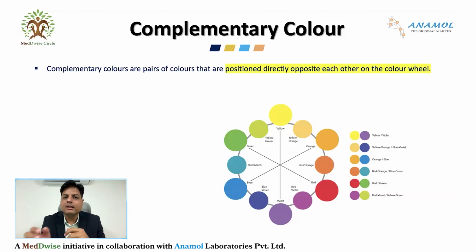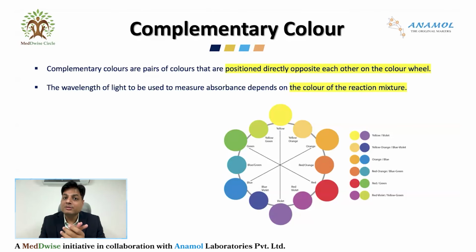So here you can see that it depends on the reaction mixture what color of light we have to throw on the solution. Say for example, if the solution color is green, then we cannot pass green light through the solution. We have to pass the opposite color, which is red, through the solution. If the colored solution is blue, then we have to pass orange light through the blue colored solution.